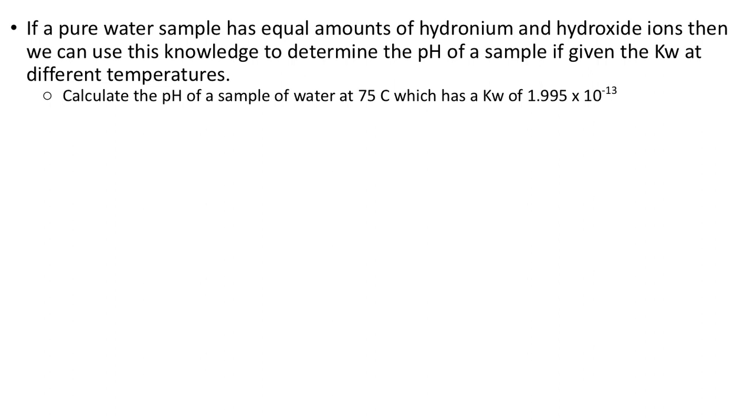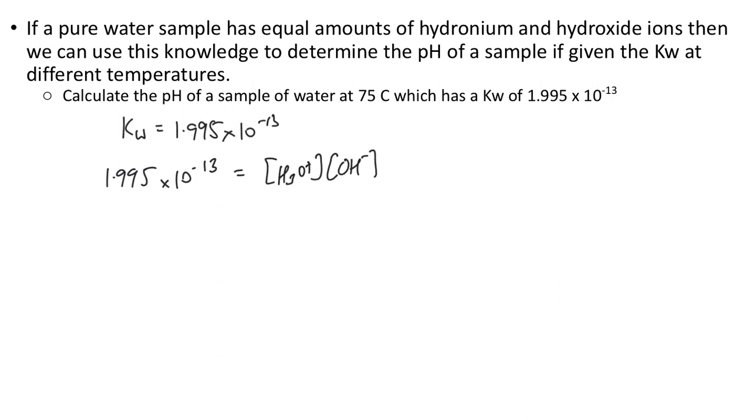So, the idea is that if Kw is equal to 1.995 times 10 to the negative 13. Therefore, 1.995 times 10 to the negative 13 is equal to the concentration of H3O plus times OH minus.